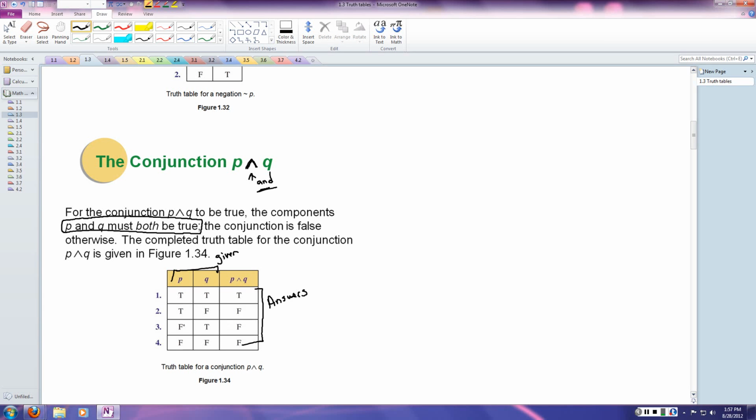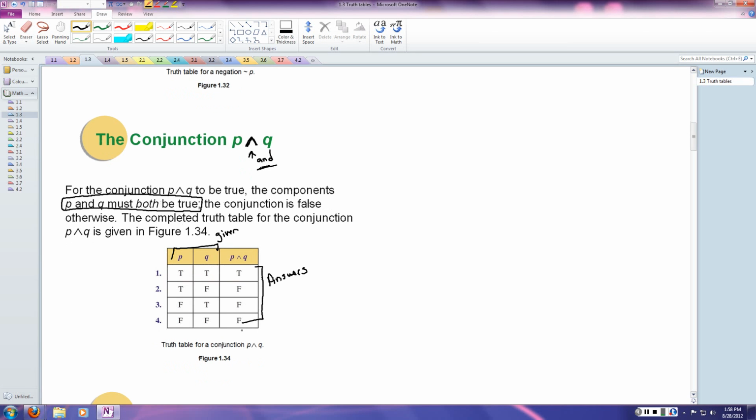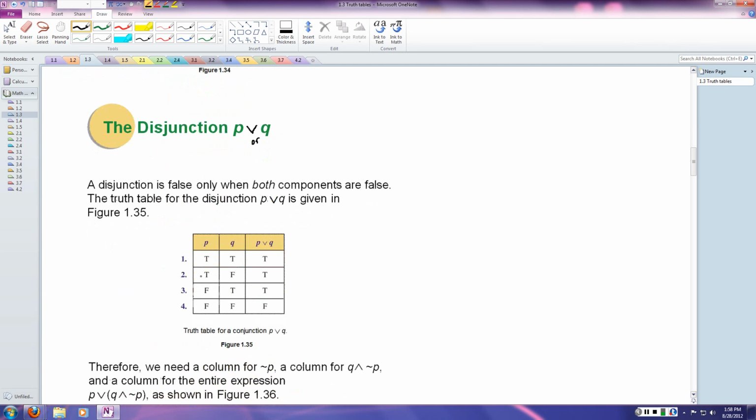And the same thing, false, true, so P and Q would be false, and false, false would be P and Q would be false. So we'll do a little bit more complicated ones later on, but for this one, for P and Q to be true, both P and Q have to be true, and that only happens in the first instance.